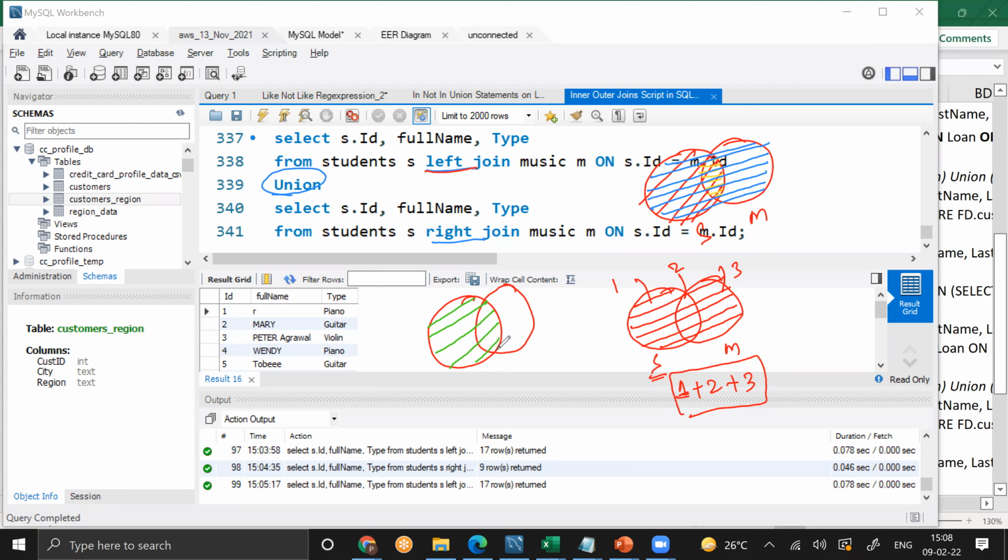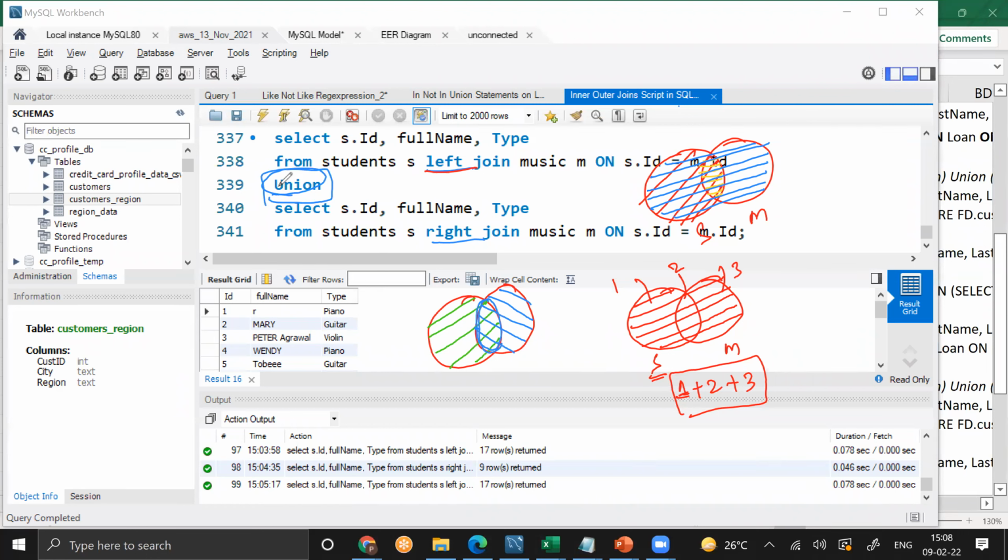And right join will give you this portion: all the rows from the right table, including the matching data from the left table. But in a full outer join, we see the whole part from both the tables, and the common rows will be counted only once.